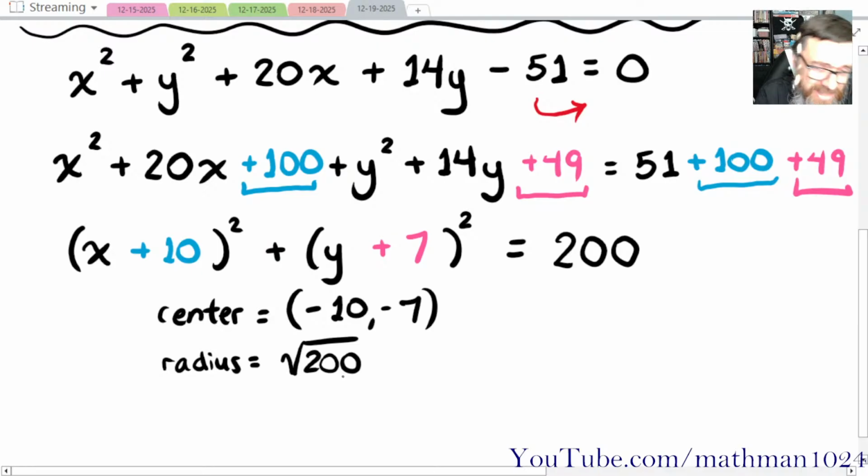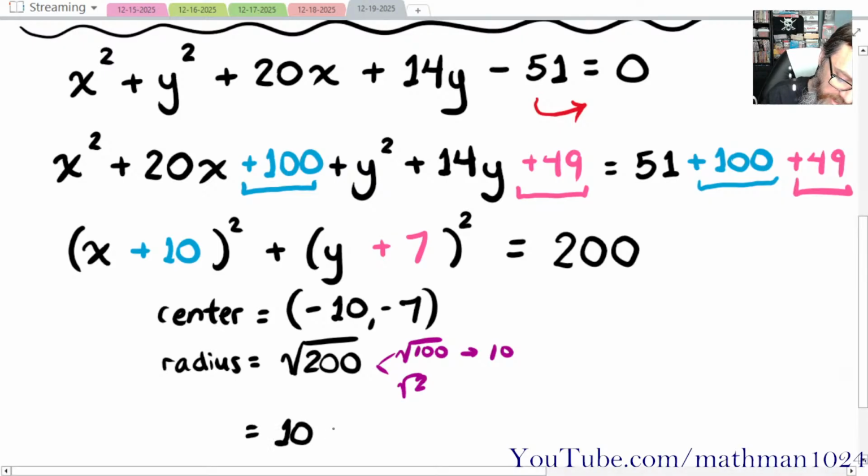Unfortunately, that's not a perfect square, but I'm not crying, because I remember when we were doing these in the first video this week, talking about simplifying radicals. 200 can be broken down as 100 times 2. Each of these has its own square root. The square root of 100 is 10, and so we end up with 10 times the square root of 2 as the radius.